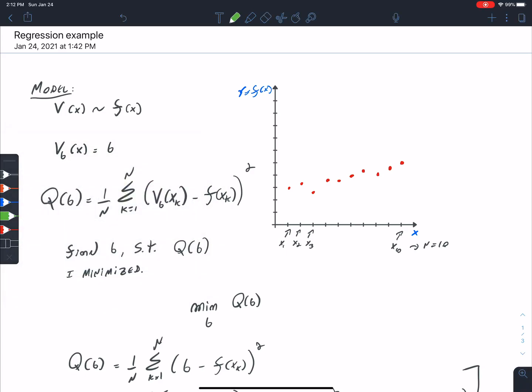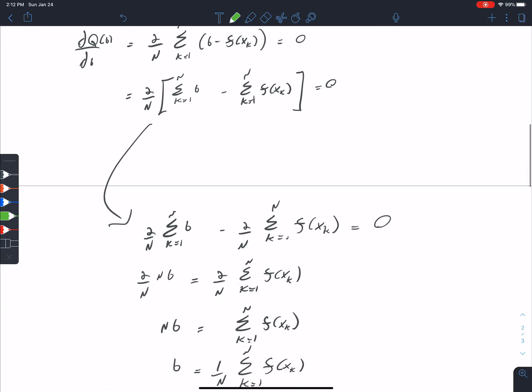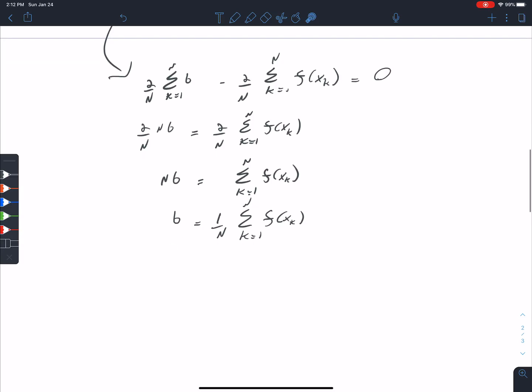And this is going to be the best match of this model, which is just a constant. I tried to draw here our model v of x equals b, with b defined as we've written down here, as the average of the given points.